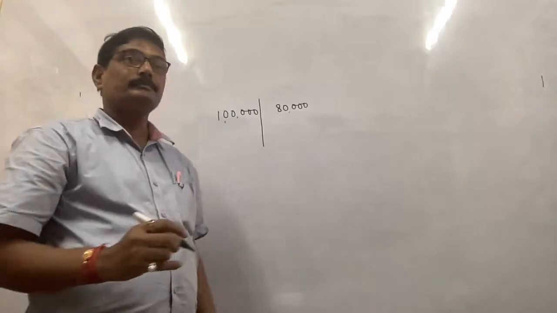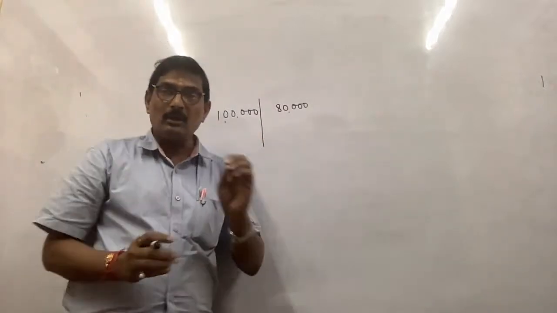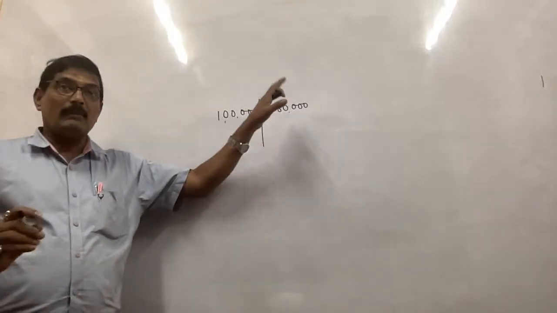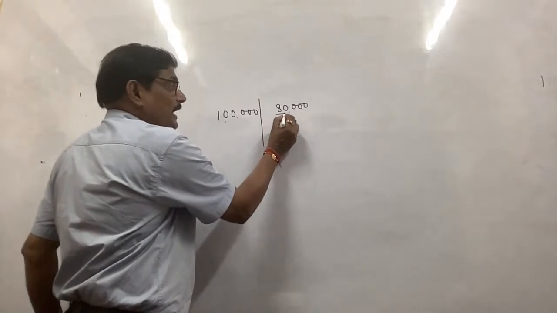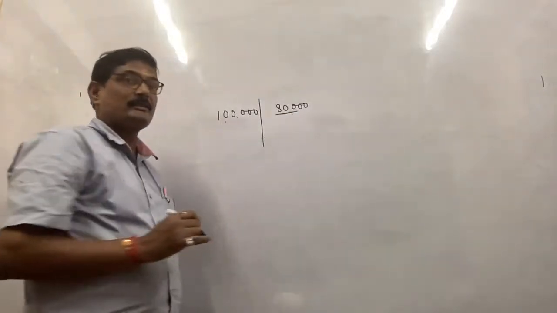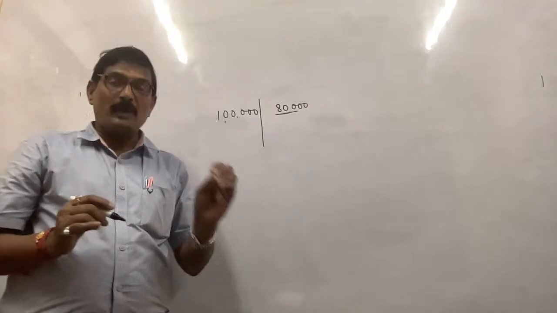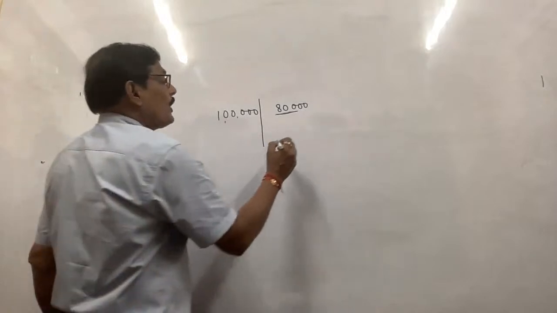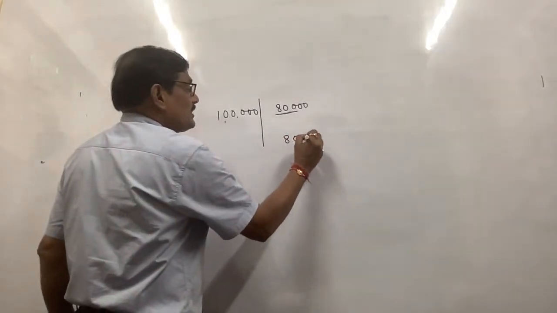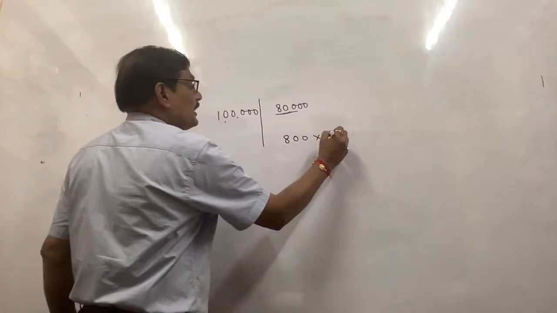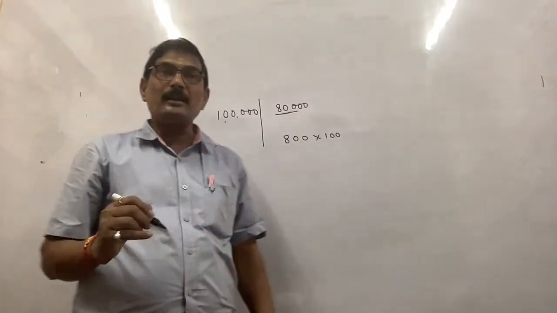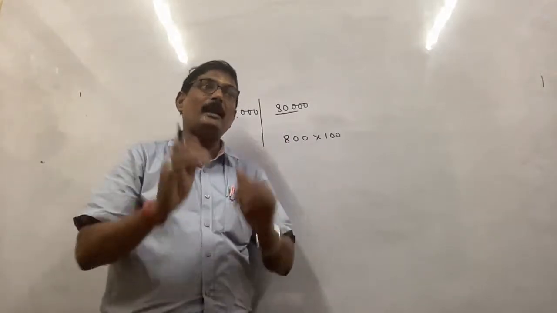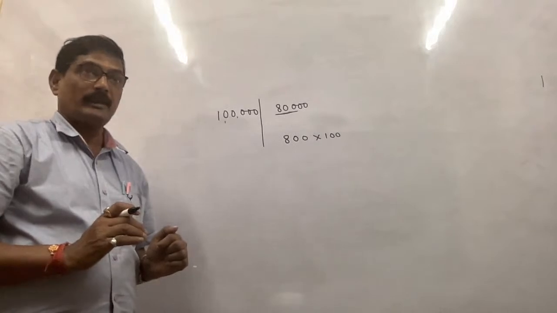among the people, right? So what they will do, they will not ask individually, instead they will divide this money into small parts. Say they have divided into 800 parts, 800 parts of 100 rupees each, right? So when these 800 parts of 100 rupees each are subscribed by the people, the company can accumulate 80,000 rupees, right?